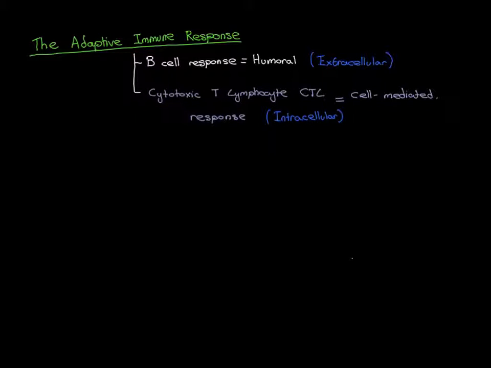So we need to activate T-cells then, and T-cells are all directed against specific antigens of pathogens. We have a huge number of T-cells in our body, and we have a huge number of B-cells in our body as well. And they reside in the blood, they reside in lymph nodes, they reside in the spleen.